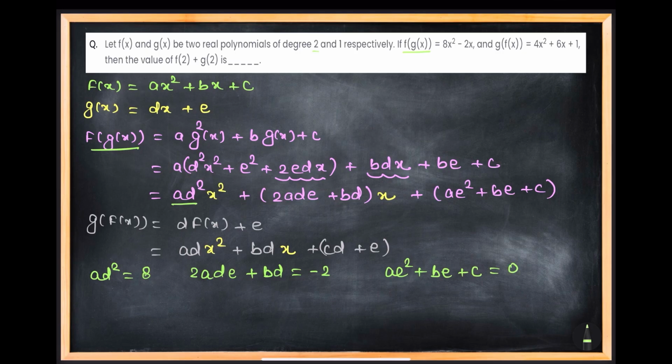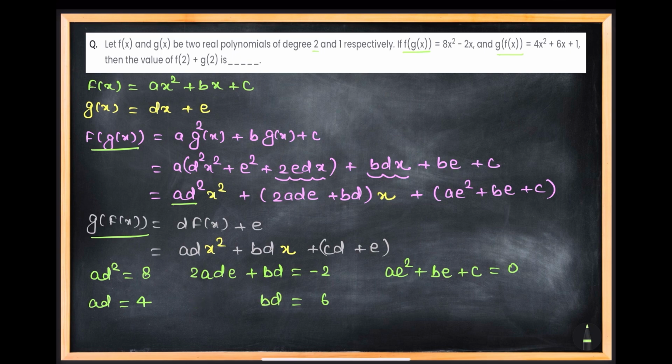Now done. Now we will compare the coefficients of g of f of x. Now we have ad as 4. Coefficient of x is 6, bd as 6. I can write this bd here as well.